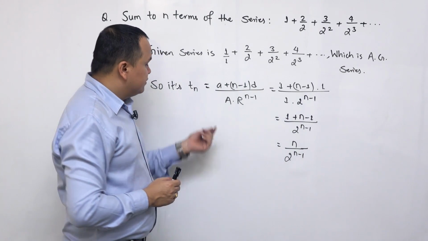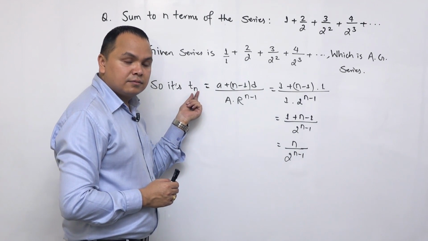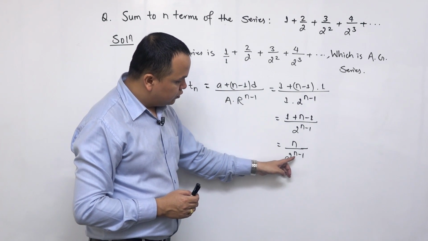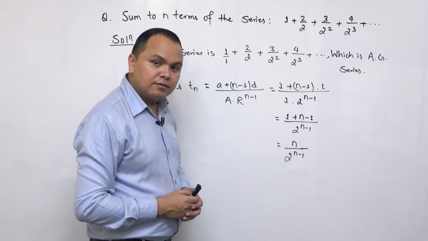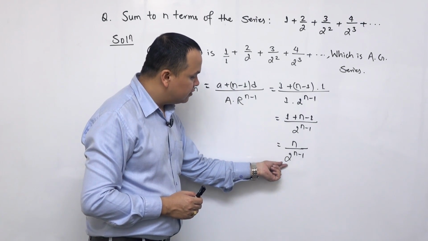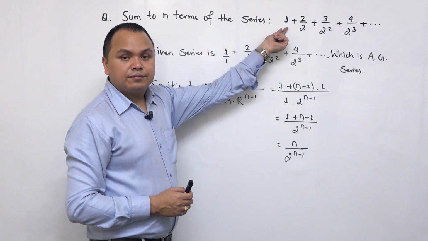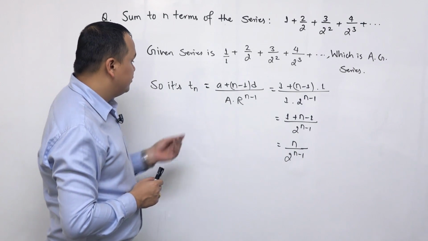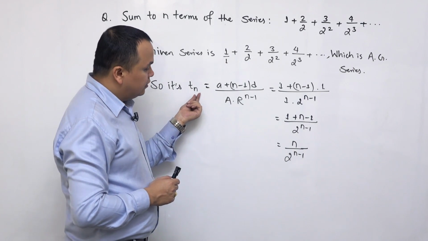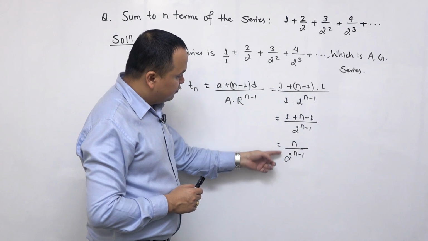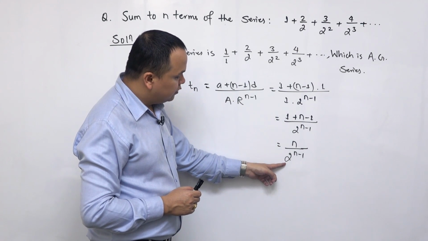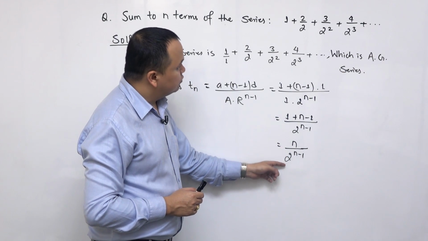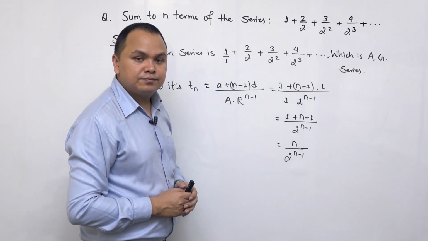If we put n is equal to 1, then 1 upon 2 to the power 1 minus 1, which is again 1. Our T1 is 1. Similarly, if we put n is equal to 2, it becomes 2 upon 2 to the power 2 minus 1, so T2 is 2 by 2.